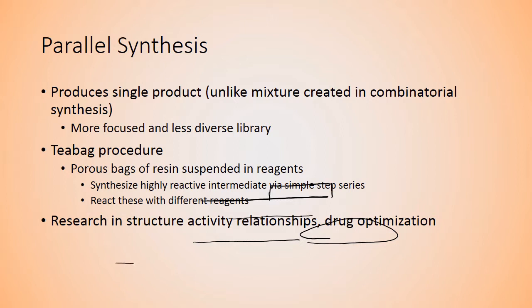This is what we call drug optimization, because we're making the most optimal drug for the situation. So parallel synthesis is what we want to do, but it's going to be a lot less efficient. We could do combinatorial synthesis first, identify the target cocktail, and then move into parallel synthesis as needed.